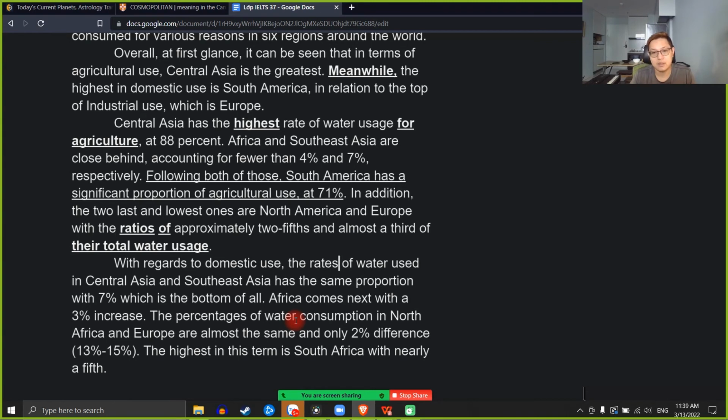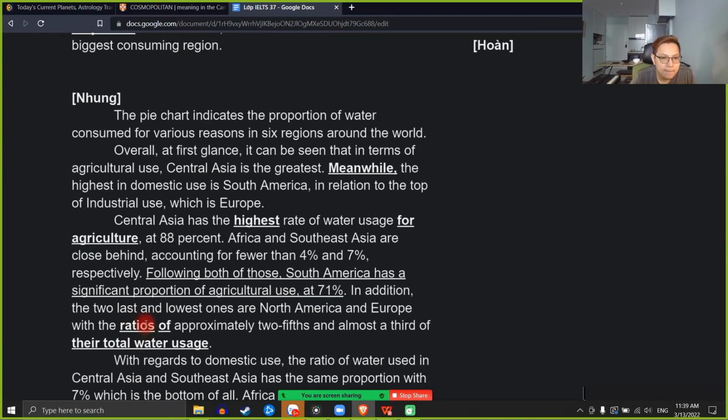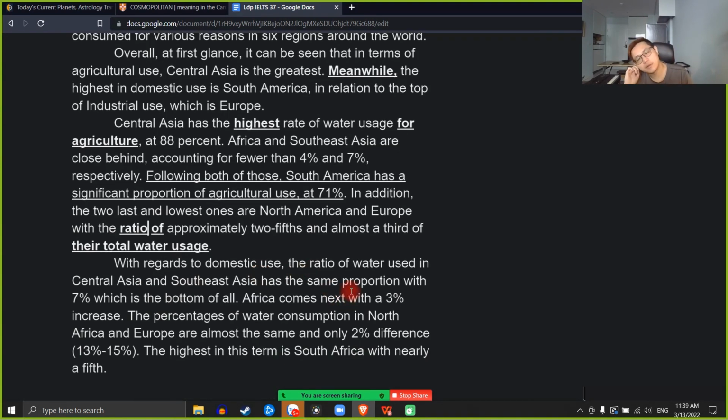Nói về hai vùng mà. The rates of water use. I think it's better to say the ratios of water use. Sorry, ratio without S. Ratio không đếm được. If I remember, ratio is uncountable.